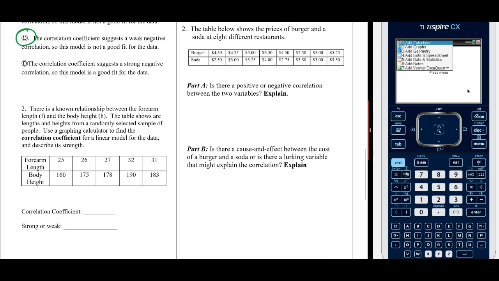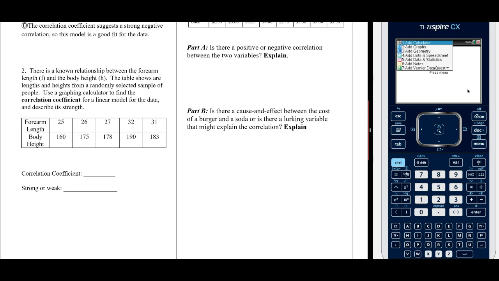Alright, number 2. There's a known relationship between the forearm length and the body height. The table shows arm lengths and heights from a randomly selected sample of people. Use a graphing calculator to find the correlation coefficient.